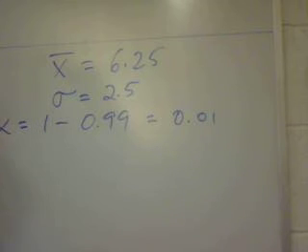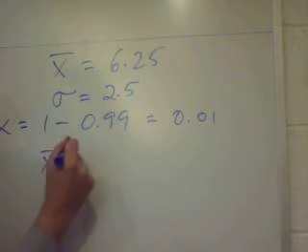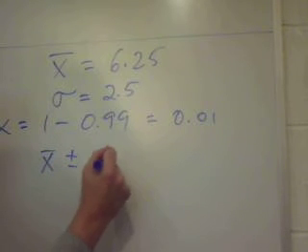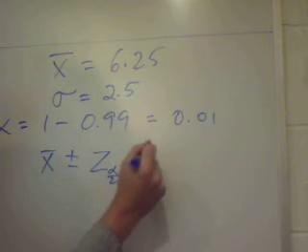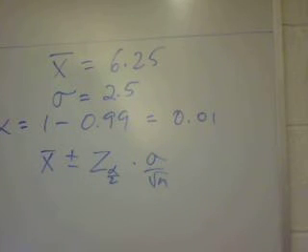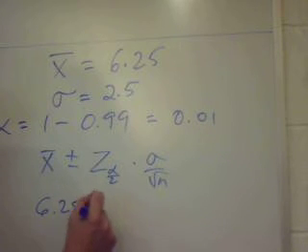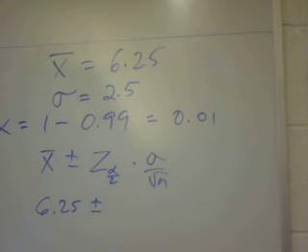So now, the formula with sigma known is x bar plus or minus z sub alpha over 2 times sigma over root n. And x bar, again, is 6.25. And z sub alpha over 2 comes from the narrow box under table 4.